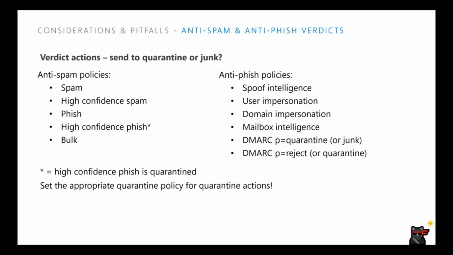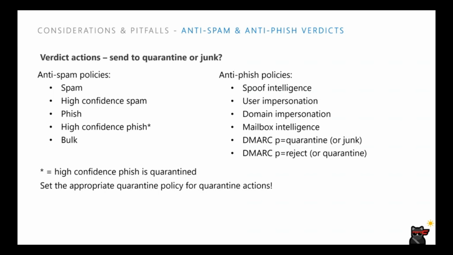The anti-phish policies do have the option to control where you're delivering or how you're acting on messages that are caught by any of the impersonation capabilities. So the domain impersonation, user impersonation, mailbox intelligence or graph impersonation, spoof intelligence if we detect something as spoof, and DMARC p equals actions.